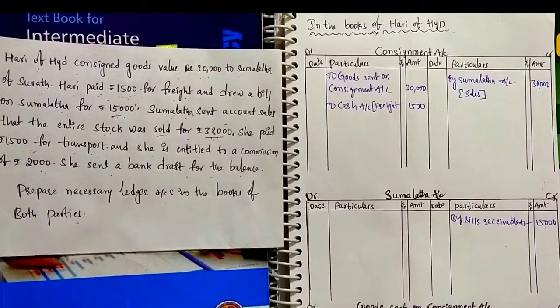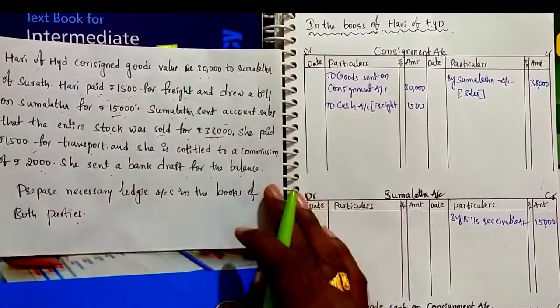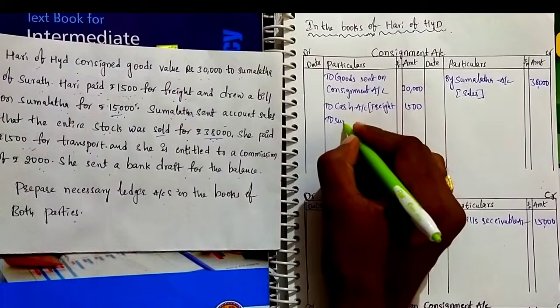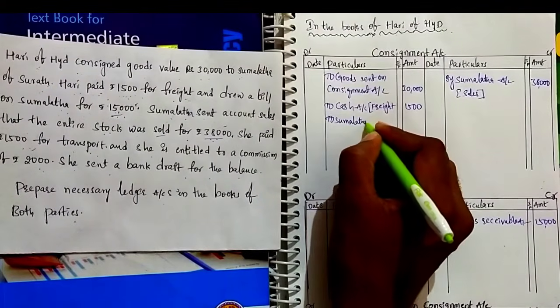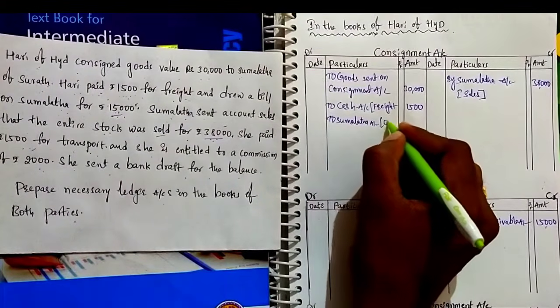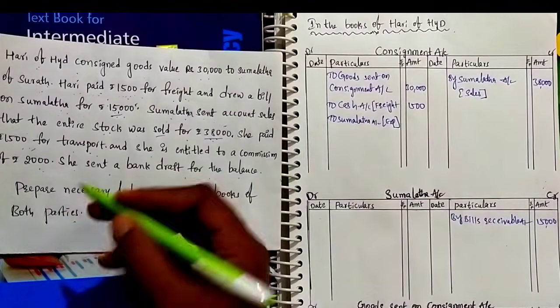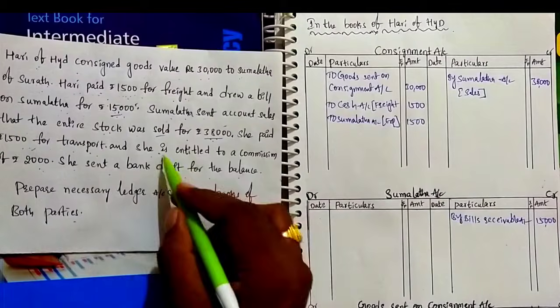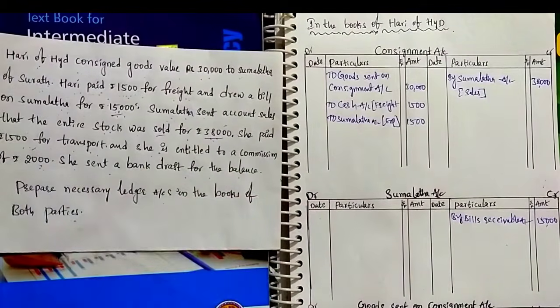Also she paid 1500 rupees for transport. Transport is one expenditure. So at the time of expenditure, consignment account is debited. So we have to write on the debit side who paid, Sumalata. So we have to write Sumalata account in the bracket expenses or transport. How much? 1500. Next, she is entitled to a commission of 2000.